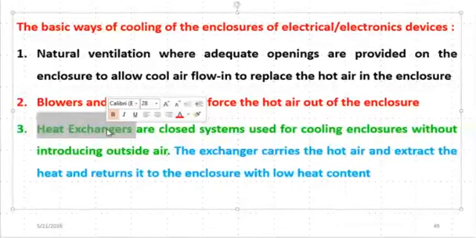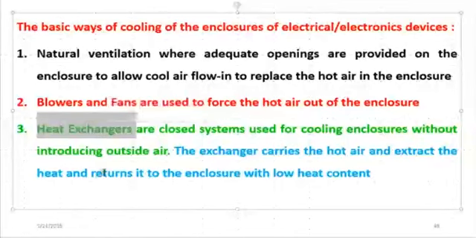These heat exchangers are a kind of closed system in such a way that there is no free air from the surroundings that will go and replace the hot air inside. No, but we have a closed system in such a way that the hot air is drawn into, let's say, a pipeline, and it is conducted to a region where it will be cooled, the heat extracted, then the same air will come back and carry the heat and keep on cycling like this.